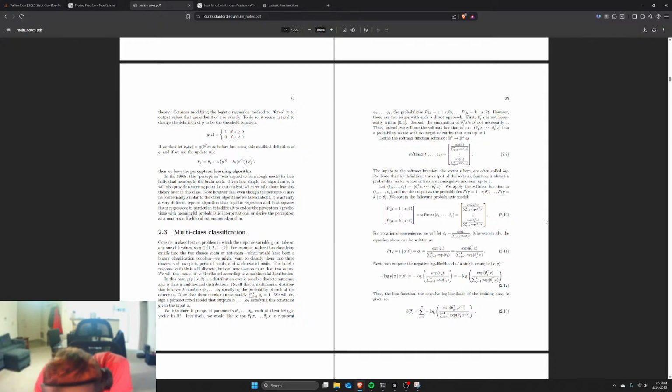So the loss function is negative log of, what's the log? It looks like that. So why is it, okay? Okay. It's odd, but okay.